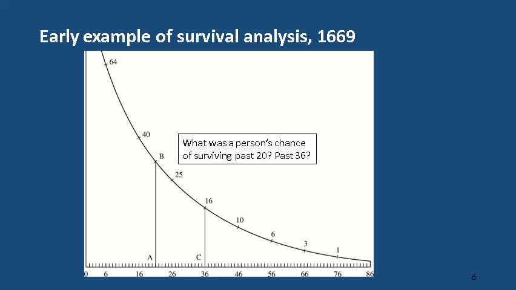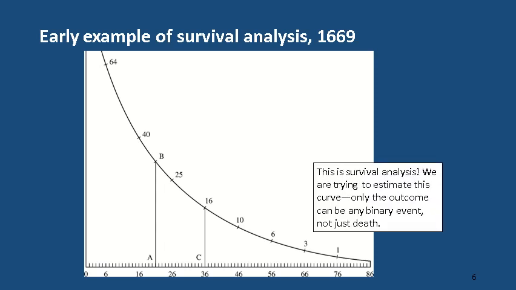Past 36 years, only 16 were surviving, so 16% was the chance of surviving after 36 years of age. This is survival analysis. We are trying to estimate this curve. The outcome can be any binary event, not just death.